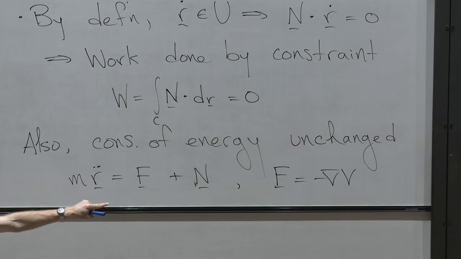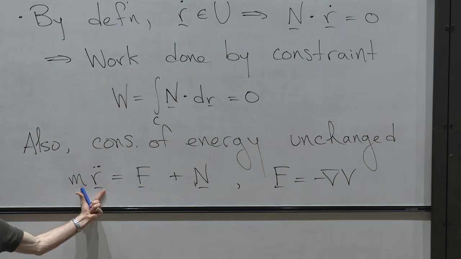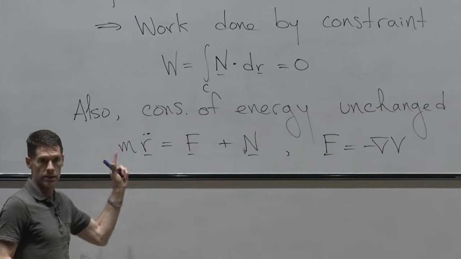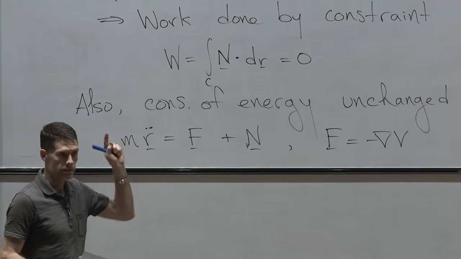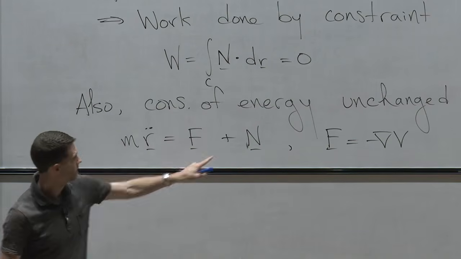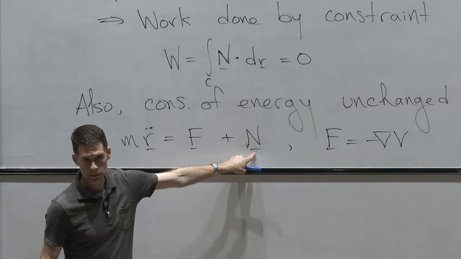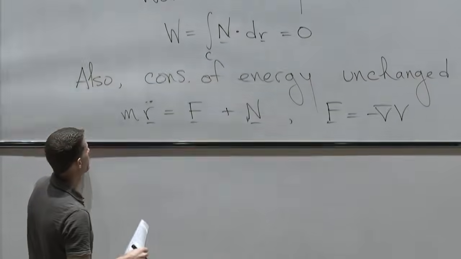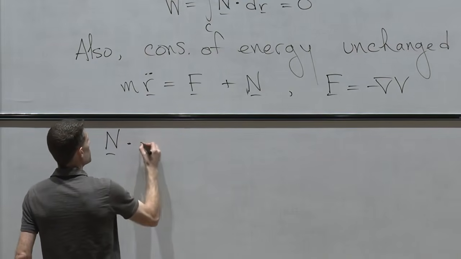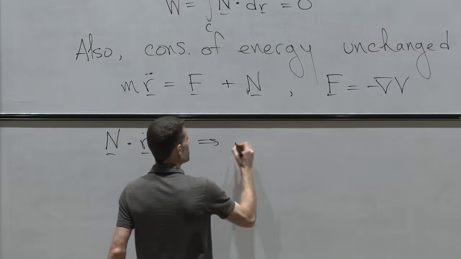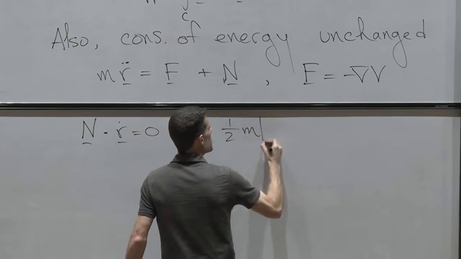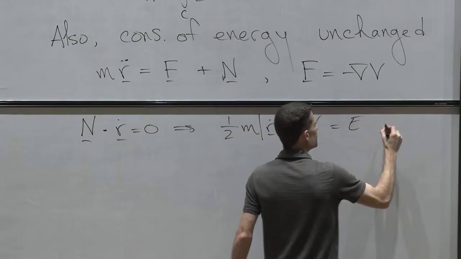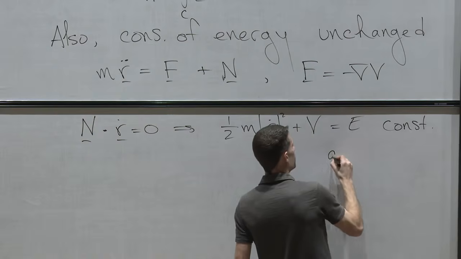I dot everything with an r dot. That becomes d dt of the kinetic energy. The minus grad V becomes d dt of V, which I put on the other side. And I get d dt of kinetic plus potential is whatever's left. And you'd think that could cause problems, but when I dot that with r dot, it's 0 by construction, which means that n dot r dot equals 0, which means that one half m r dot squared plus V is E, constant as before.